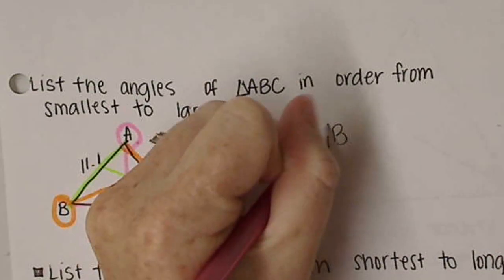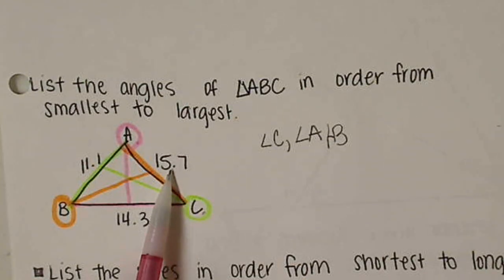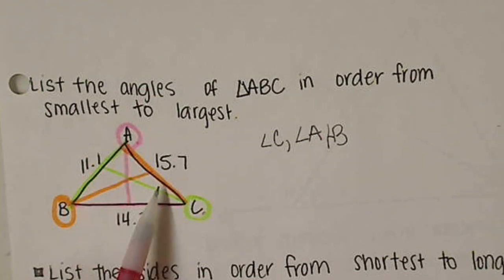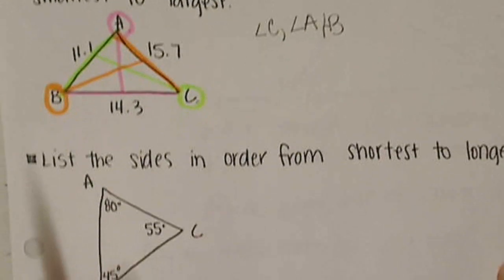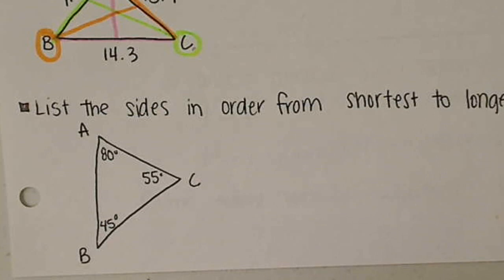These are called angle-side relationships in triangles. And it's very important to remember the relationship between the sides and the angles, because you can tell the angle size by the side, and just like in our next one, you can tell the length of a side by looking at its corresponding angle. Okay, so I want to go from smallest to largest. So the first thing I want to do is find the smallest angle.